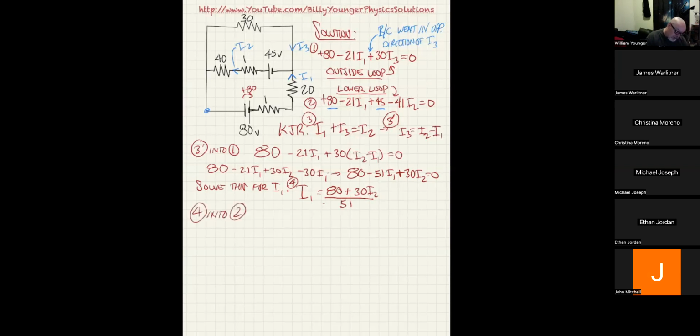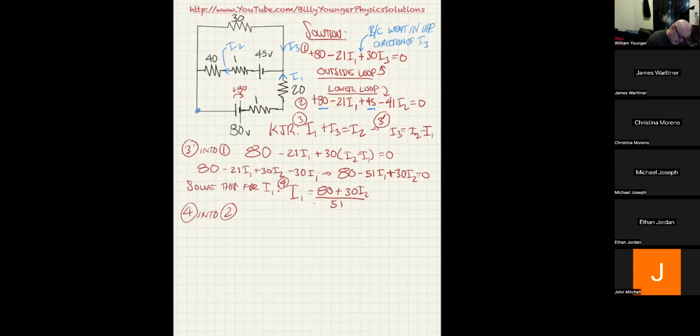So when I plug 4 into equation 2, now I can combine the 80 and the 45 to get 125. And then I have minus 21 I1. So instead, I'm going to say minus 21 times, and don't forget fraction bars are parentheses. So you've got to distribute here.